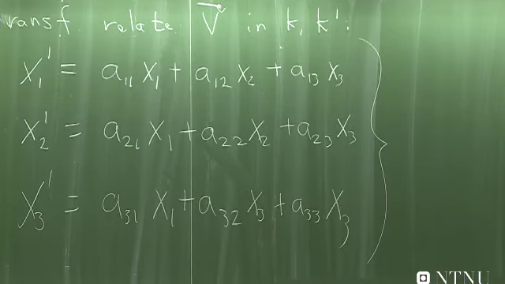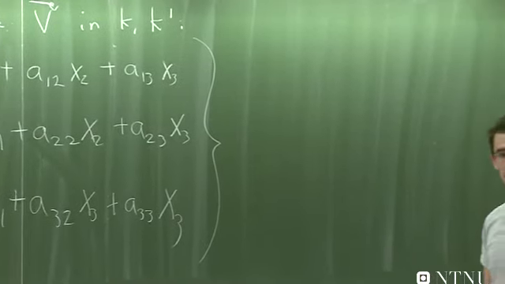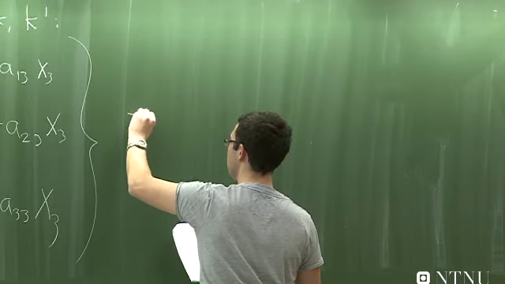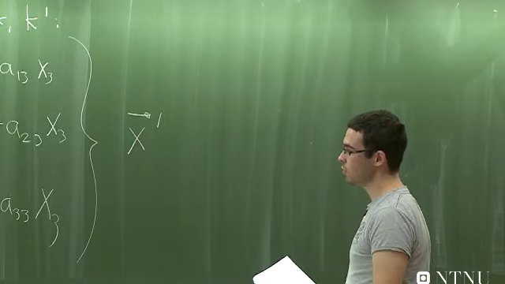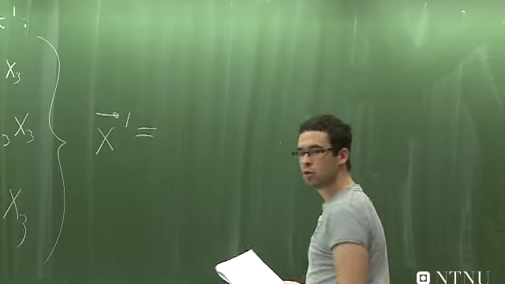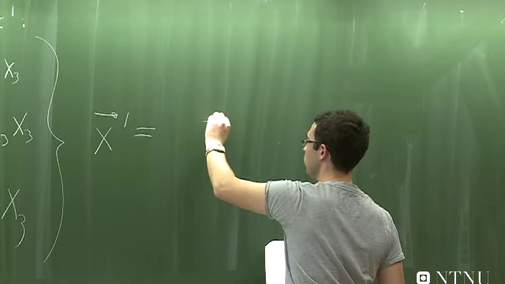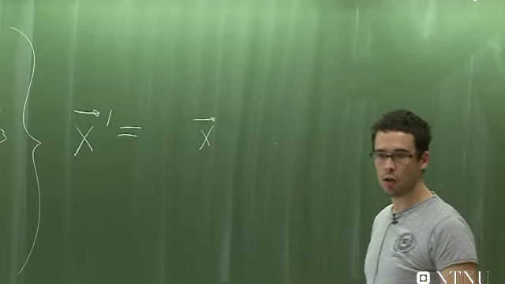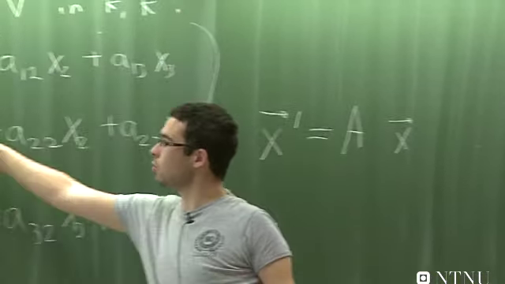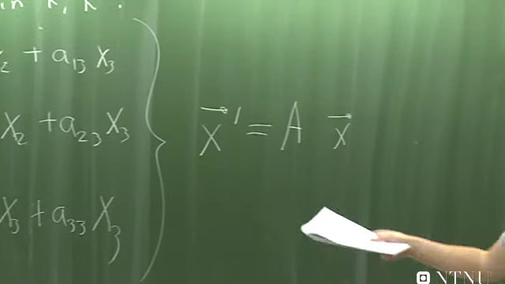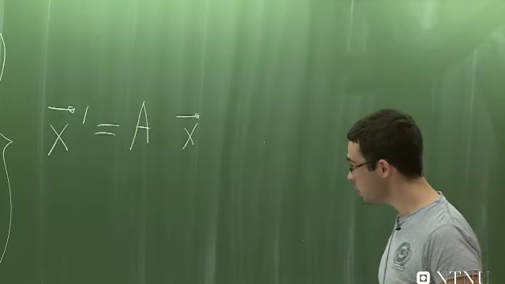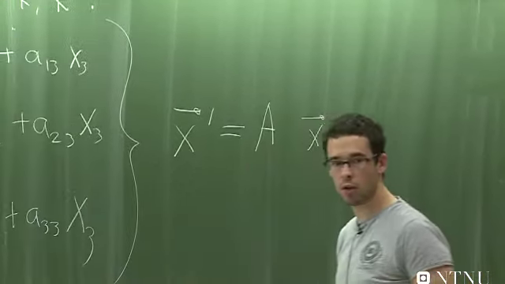Now that's a lot of writing, so I will write this in matrix form to show you something you're familiar with. Let's see, I can write it as x vector prime, that is the vector x in coordinate system K prime, is related to the vector x in the coordinate system K through a matrix multiplication. And A11, A12, and so on, those are the elements in the matrix A. And also these elements are independent of the position, right?